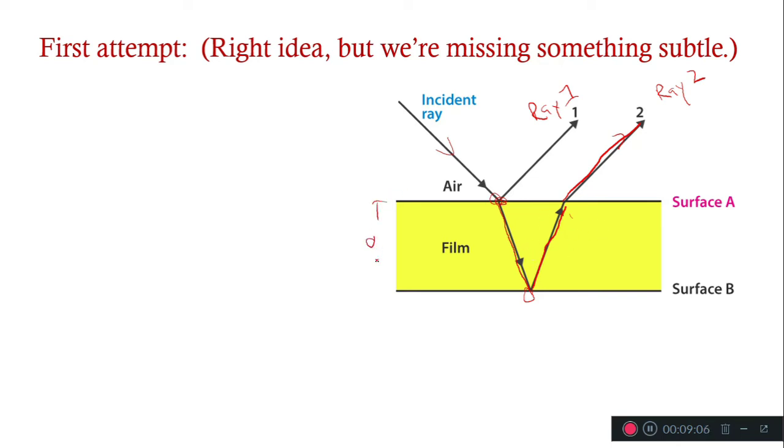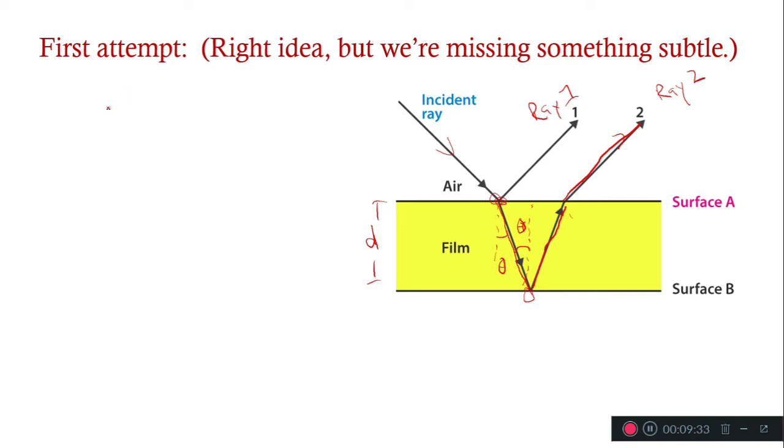Let's call this d, the thickness of the film itself. And let's say that this comes in with some angle. It turns out that this is kind of overkill if you're far enough away from the light. If the light source is just behind you and far away, we won't really have to worry about the Snell's law or this angle. But just so you guys know, I'm not cheating. The thickness is d.